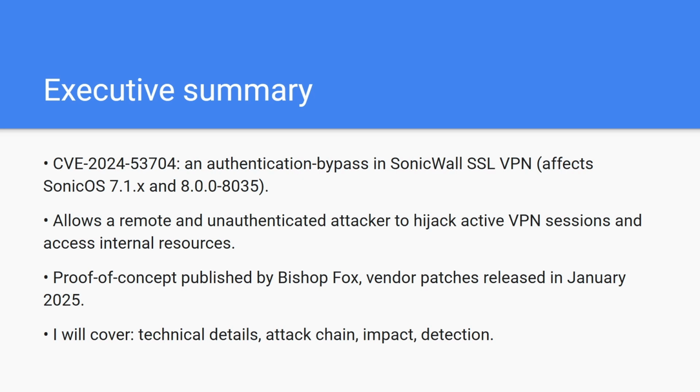The flaw allows a remote, unauthenticated attacker to hijack active VPN sessions and thereby access internal network resources. Bishop Fox published a proof of concept, and SonicWall released vendor patches in January 2025. In the rest of this presentation, I will explain the technical root cause and walk through the attack chain and POC, and describe the impact and detection methods.